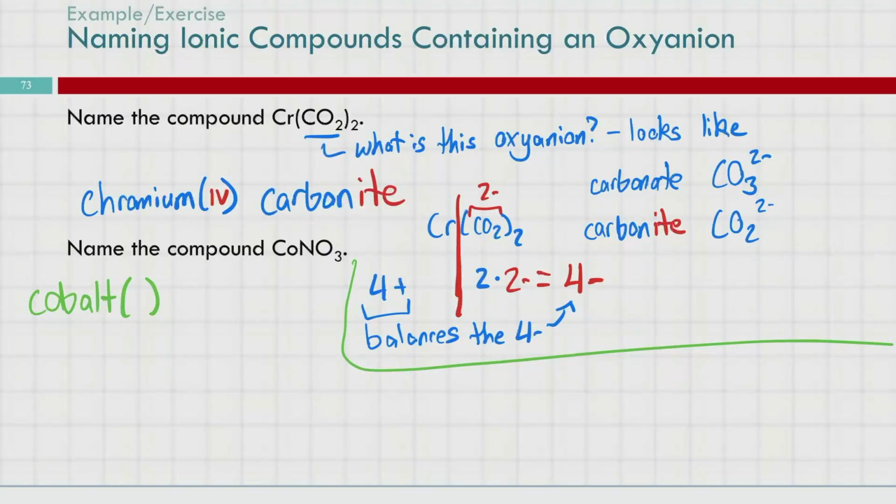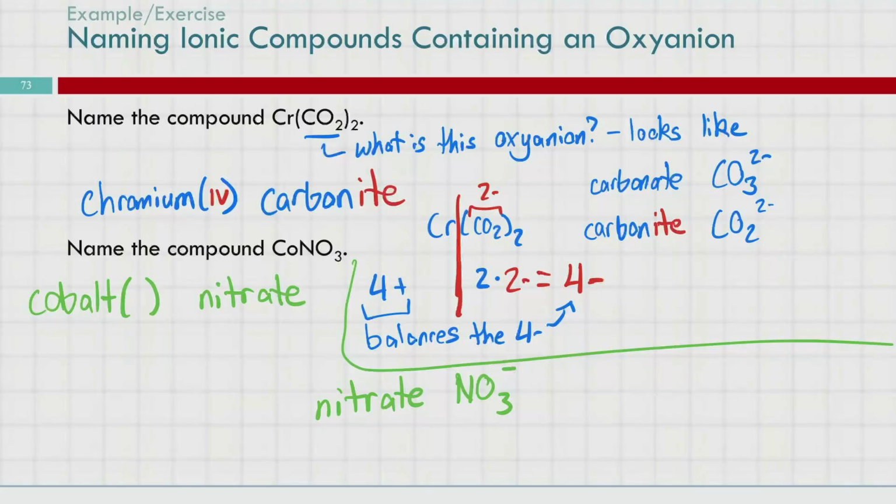What do we have that has nitrogen in it on our green sheet? We've got nitrate, and nitrate is what? NO3, and what's the charge? Negative. That's what we have, right? We have NO3. So it's cobalt something nitrate.